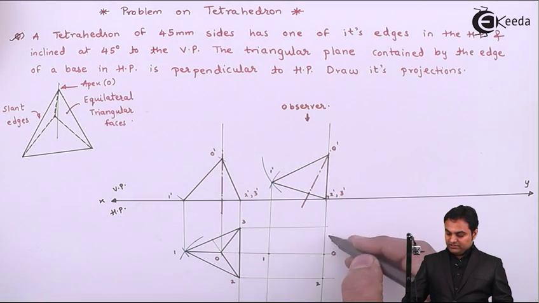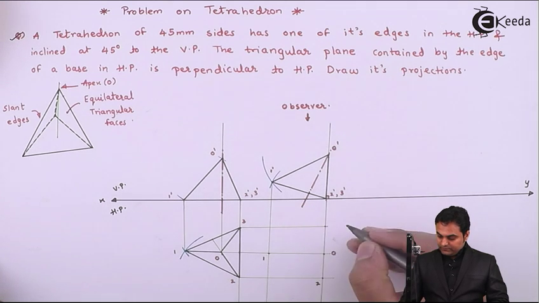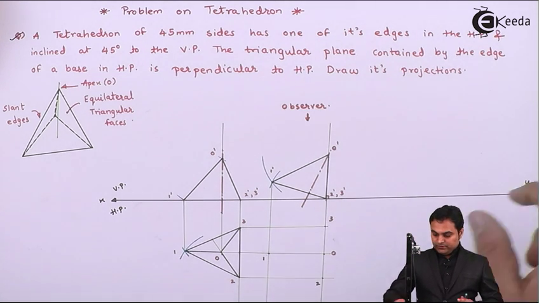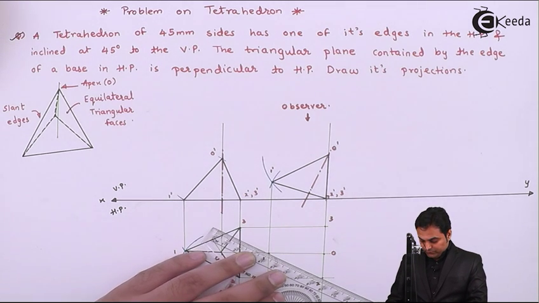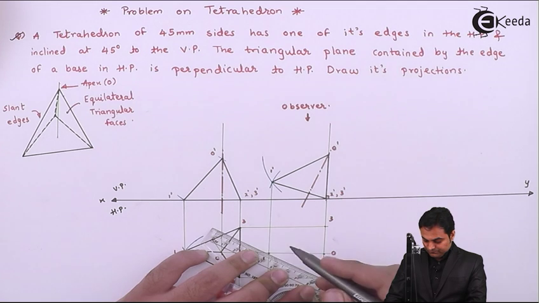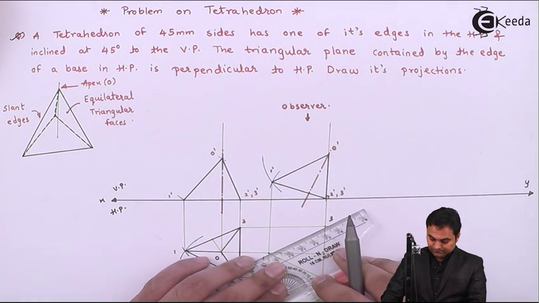So 3 dash and 3, where they intersect, that gives us point 3. Connecting them in order. So joining 1 to 2, 1 2 3.